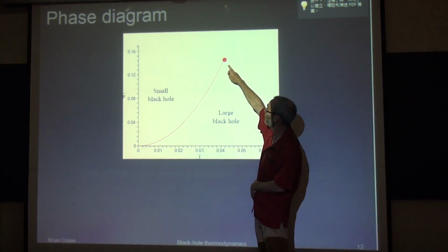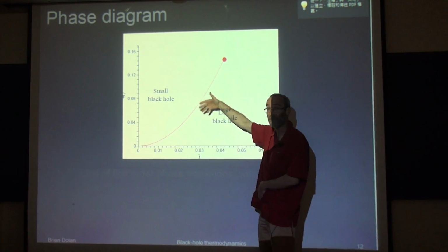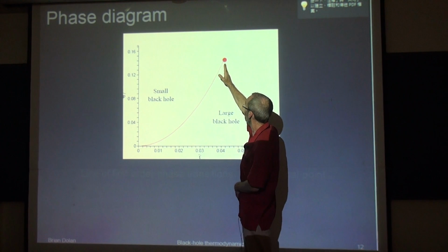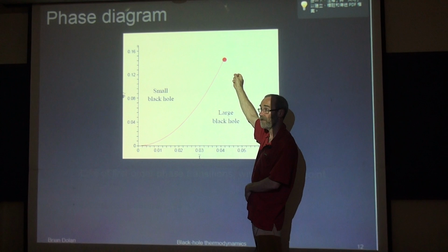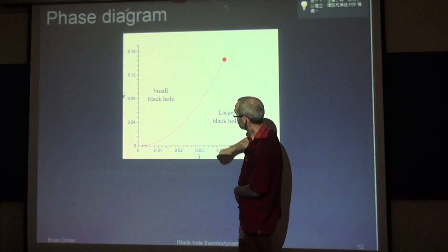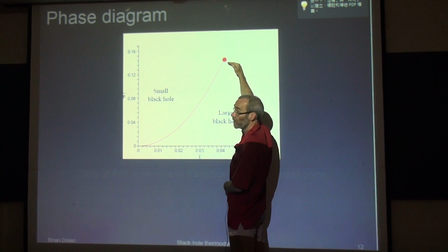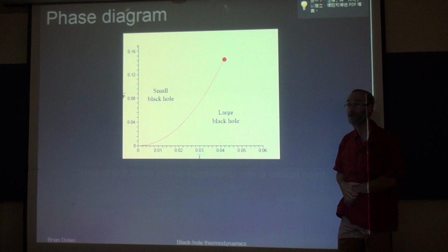So here's a critical point, again in units of angular momentum, so everything's dimensionless. If you go above a certain temperature, then there's no longer a distinction between small and large black holes. But if you're below critical temperature and below critical pressure, then you can have a phase transition between small black holes and large black holes.